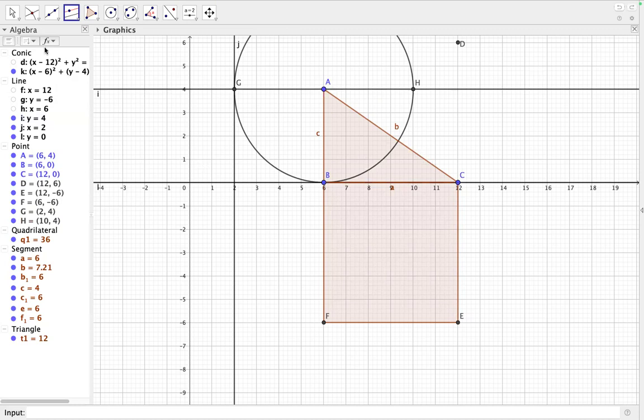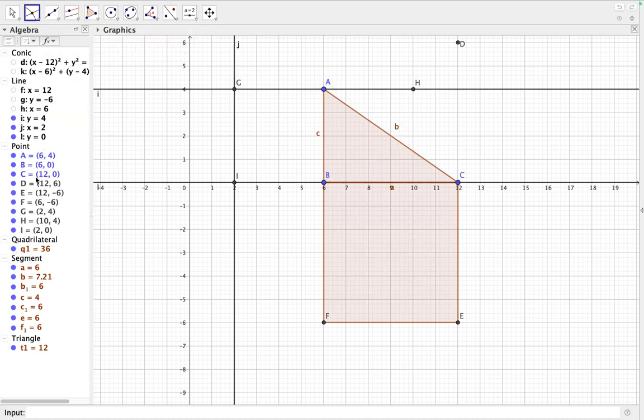And then we have intersect. We find the intersection of this line and this line. And then we have all the 4 points for our square. So let me remove this. Let me remove the lines.